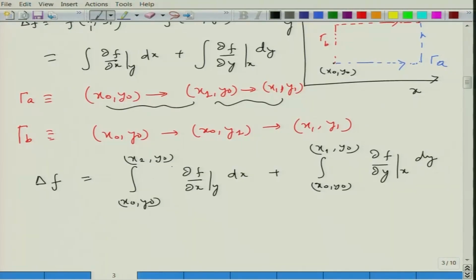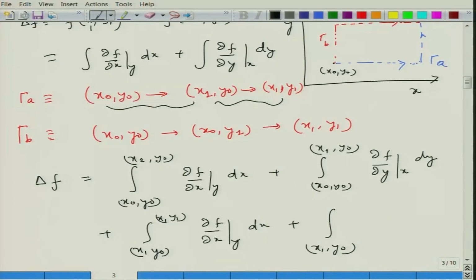This is the first part in the segment, and then again I am going to integrate from x1 y0 to x1 y1 del f by del x at constant y dx plus, from x1 y0 to x1 y1, del f by del y at constant x dy. So, that is the second part of this expression.